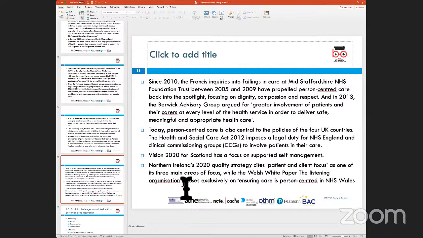After that, this approach was incorporated into the NHS Constitution, the NHS Act of 2010, and today it has become a central core idea in forming policies for the National Health Service.